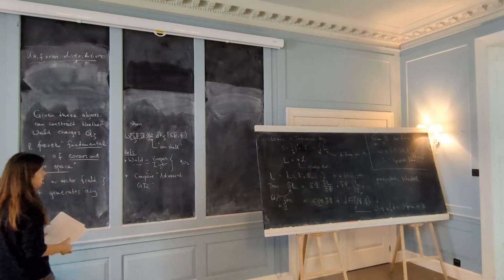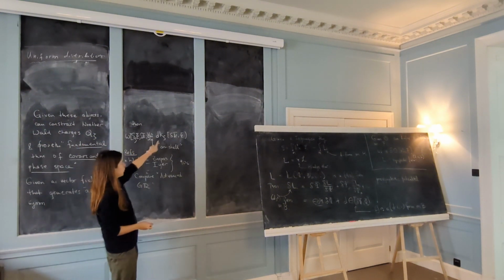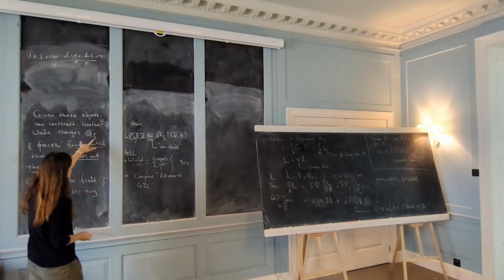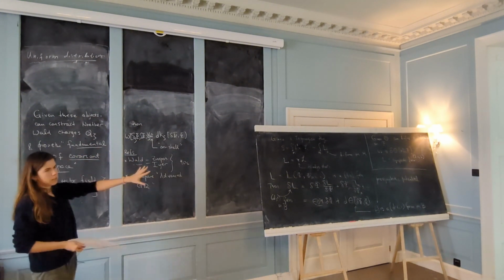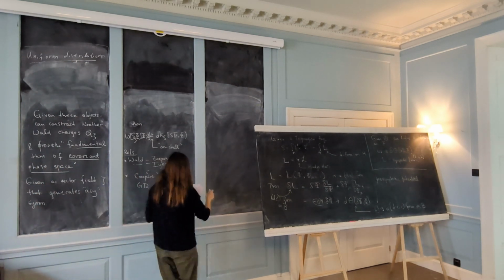So the plan now is to discuss how to obtain this Q zeta, and also how to construct this little k zeta. There's going to be a formula for this space-time (d-2)-form expressed in terms of this Q zeta and the symplectic potential. So this is what we are going to do now.